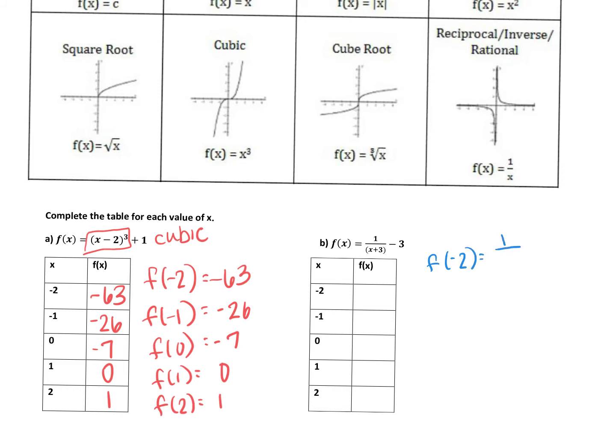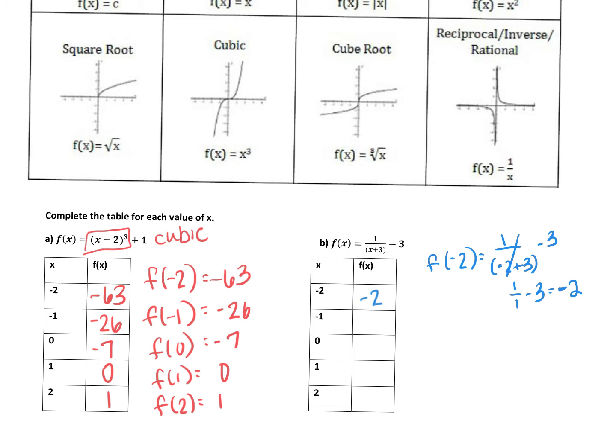And when I do this, I have 1 over -2 plus 3, minus 3. Well, -2 plus 3 is +1. So that's 1 over 1. This is just 1 over 1 minus 3. And 1 over 1 minus 3 is equal to -2 because 1 over 1 is just 1.